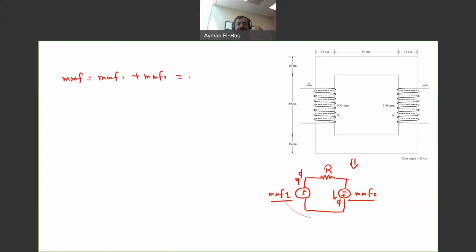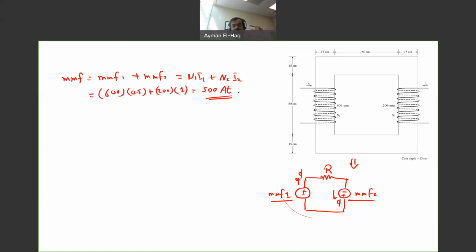MMF2, and this will give us N1 I1 plus N2 I2. N1 is 600 turns times the current 0.5, plus the second number of turns, which is 200, times 1, and this will give me 500 ampere turns.